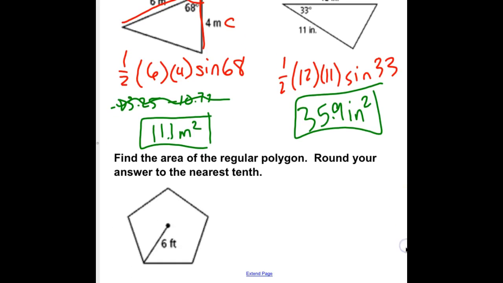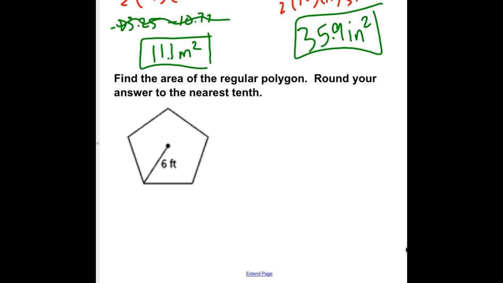All right, we're getting there. Let's finish this slide. It says find the area of the regular polygon, round your answer to the nearest tenth. So the reason why we talked about this 1/2 bc sine A stuff is we were able to use this to help us find the height or the apothem in some of these weird shapes. So this is our regular polygon.